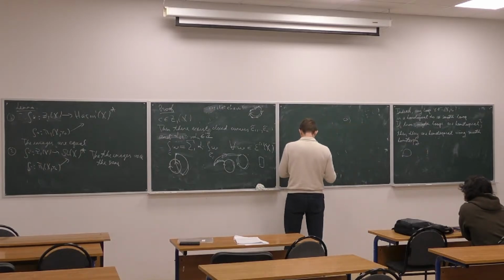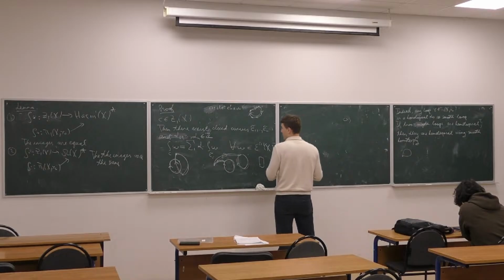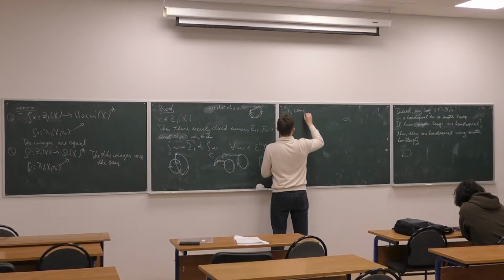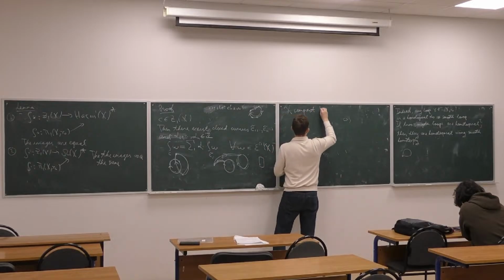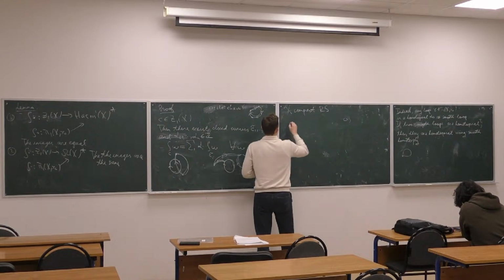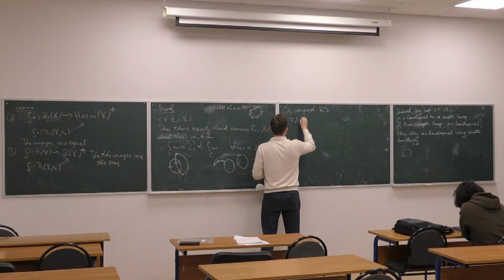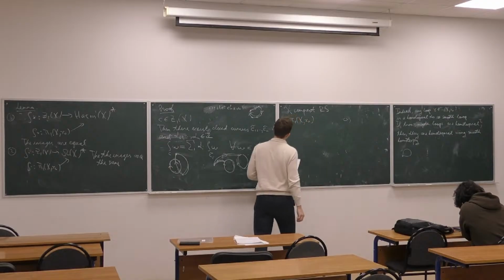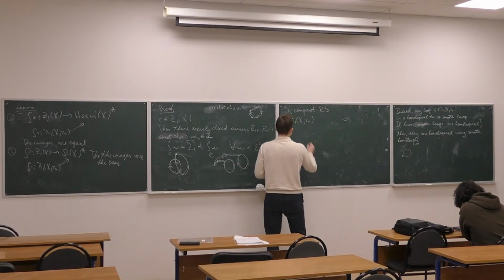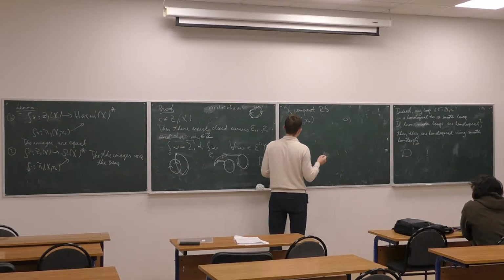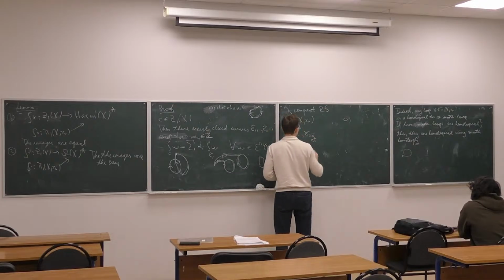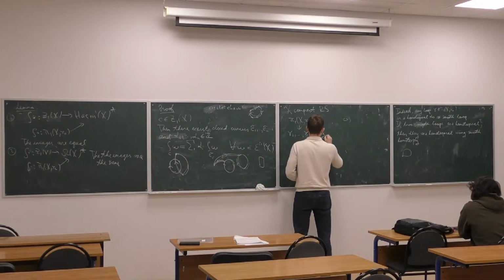Then what I want to say. Now suppose that X is a compact Riemann surface. You consider the fundamental group, which from the topology course is generated by 2G generators.